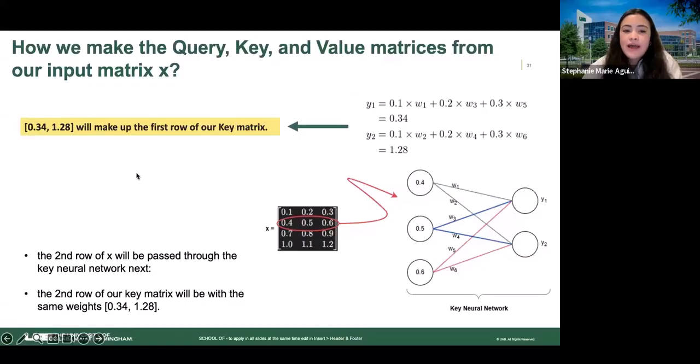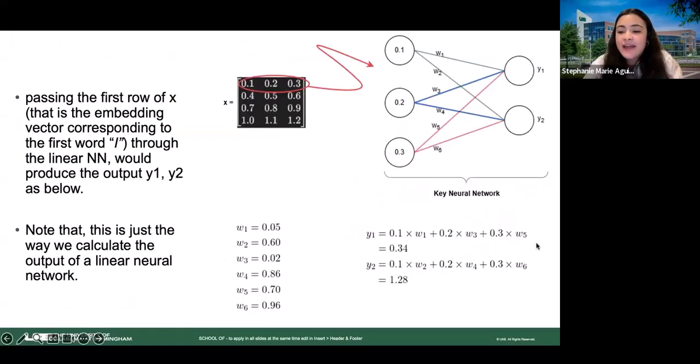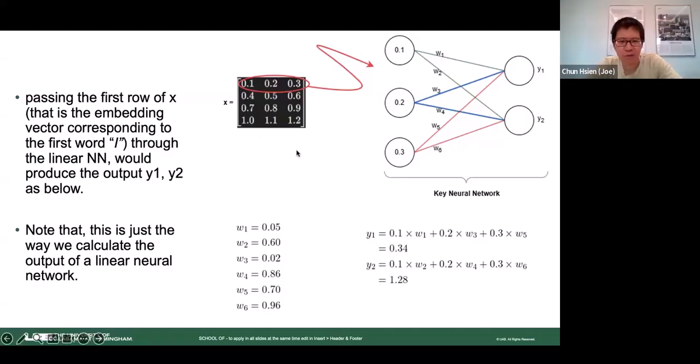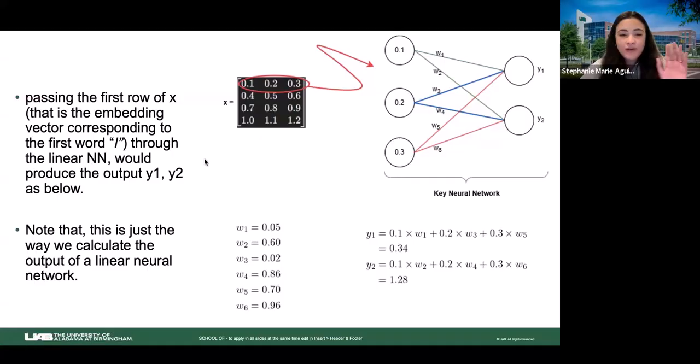And so at the end, if you were to do this by hand, you would get y1 to be 0.34 and then 1.28 for the next one, y2. Oh, yes. Excuse me. Are the values of W here randomly generated? Yes, randomly generated. This is just an example, right?